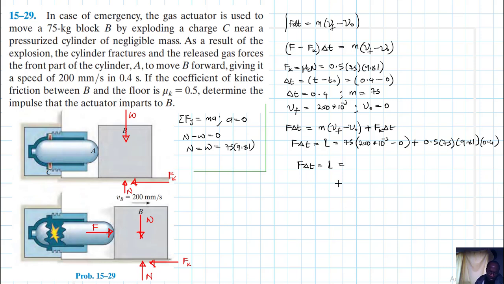This we get as 162.15, and the units are newton seconds. So this is the impulse that is imparted on B. This is about it.